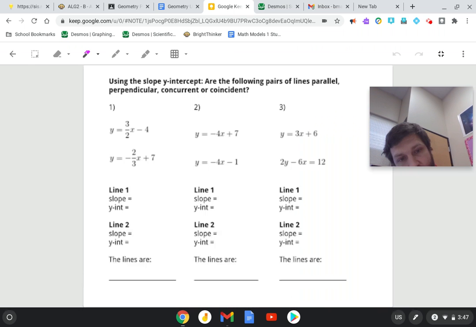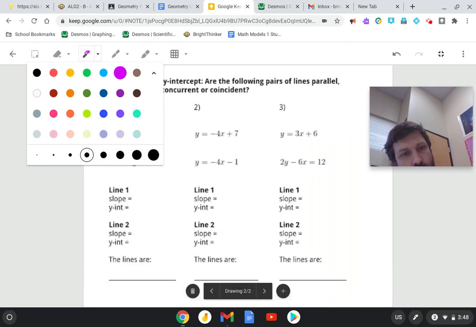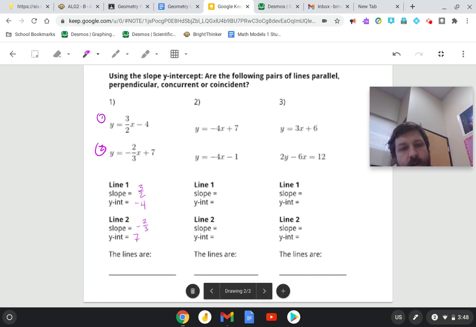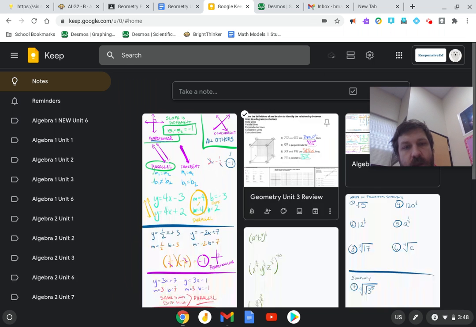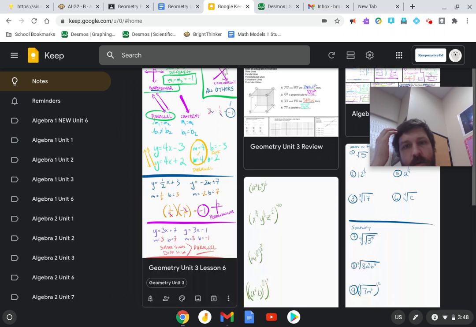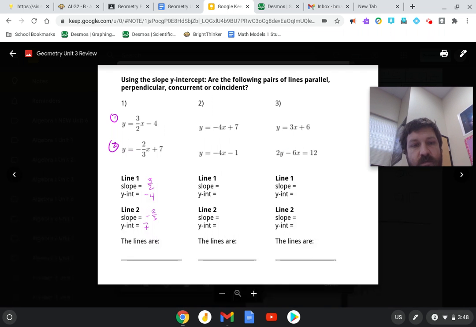So let's write down our slope and y-intercept for these lines. We'll call this line 1, call this line 2. The slope of the first line is 3/2, and the y-intercept is -4. In line 2, the slope is -2/3, and the y-intercept is 7. So right away, these lines do not have the same slope. They are not going to be parallel or coincident because they have different slopes.